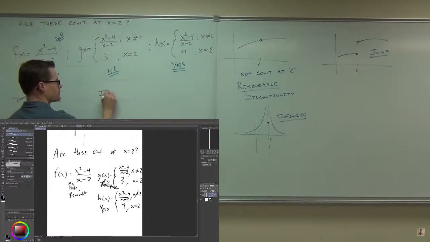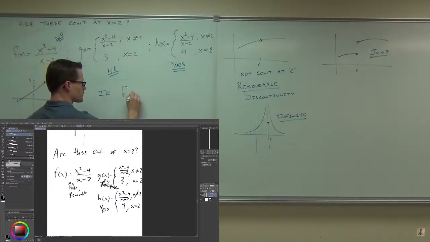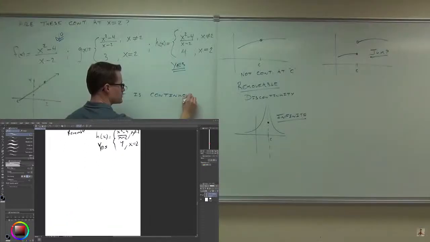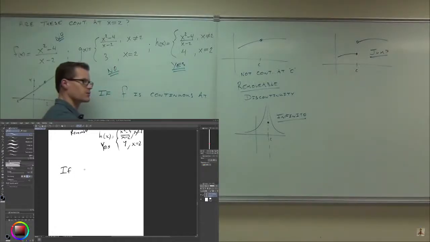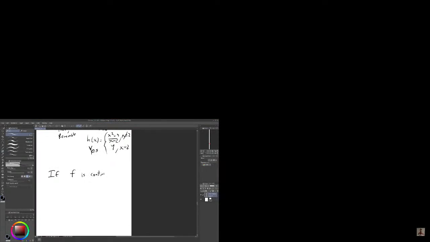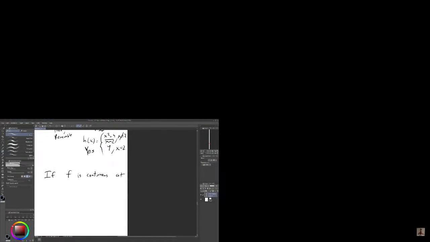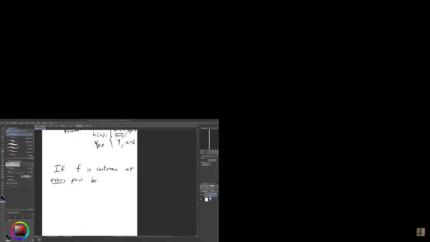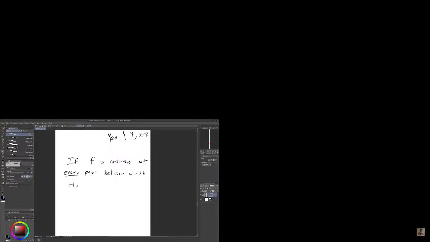So let's say if f is continuous at every point between a and b, then f is continuous on a, b, the open interval.